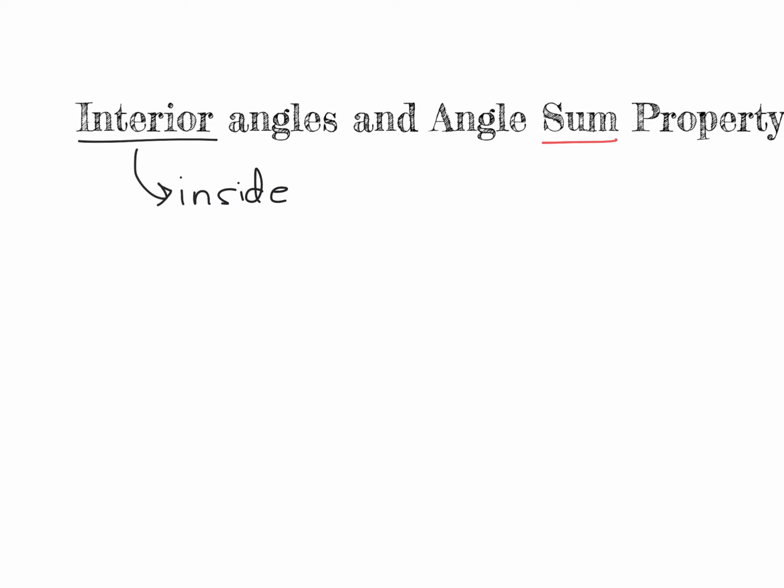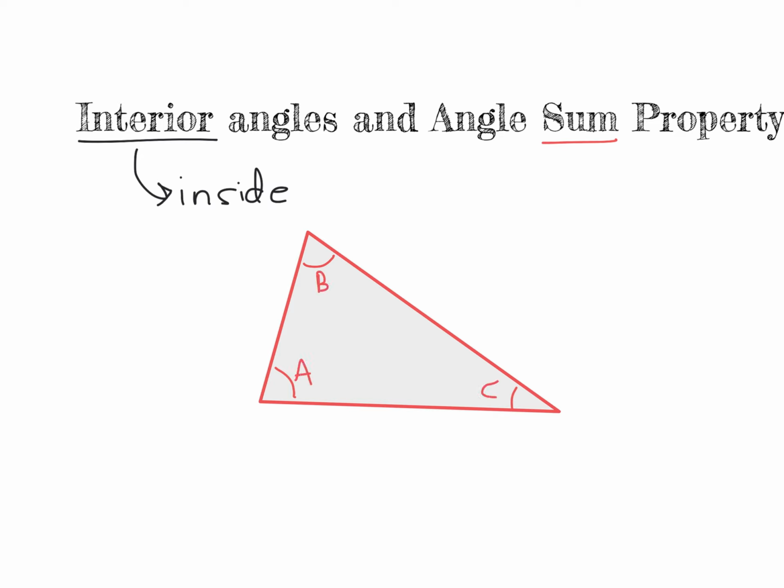So here, of course, we have a triangle with 3 interior angles, 1, 2, and 3. And what we know about the angle sum property simply says this, and I'm going to call these angles A and angle B and angle C just for reference.